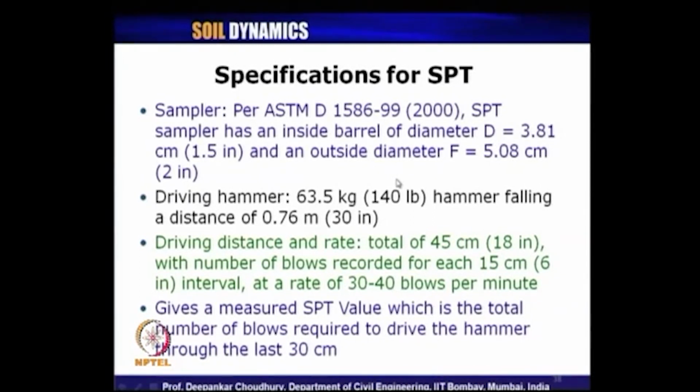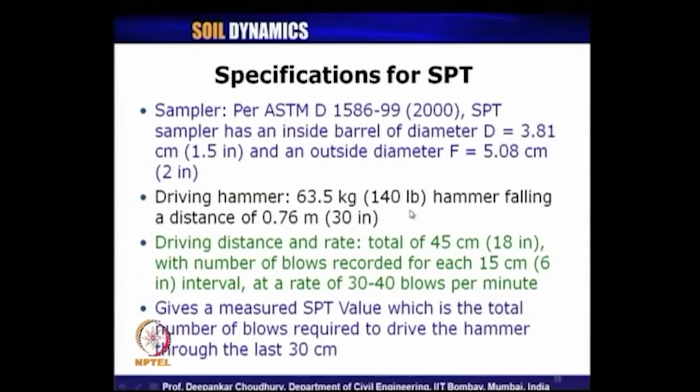Because we want to keep the area ratio of the sampler as minimum, so that the disturbance to the soil sample collected in the sampler is minimum. You remember these things from your basic soil mechanics courses. Then we have the inside diameter ratio and outside diameter ratio; all these factors have to be maintained for minimum disturbance to a collected soil sample.